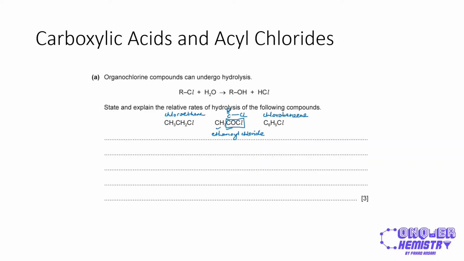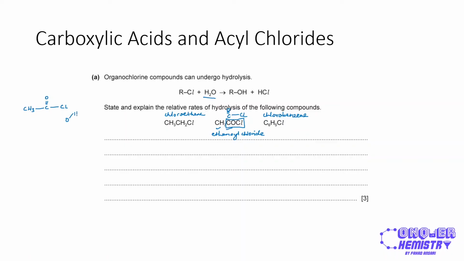Right, so which of these is going to undergo the fastest hydrolysis? In other words, the reaction with water. So the answer to that is the acyl chloride is going to react the fastest. The reason is that in all of these reactions, the water molecule is going to react as a nucleophile, right?